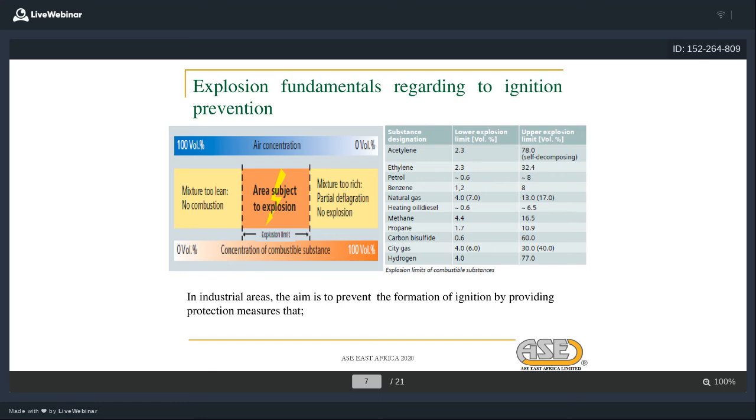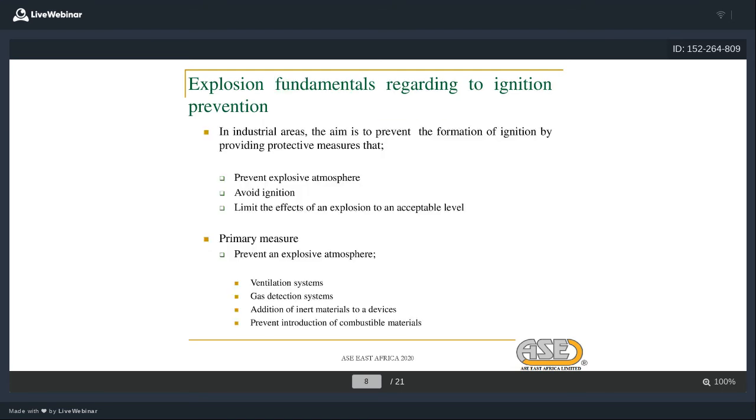So in industrial areas, the aim is to prevent the formation of ignition. But how can we do this? There are measures to take to prevent this explosion from occurring. We have three measures to prevent the formation of ignition.